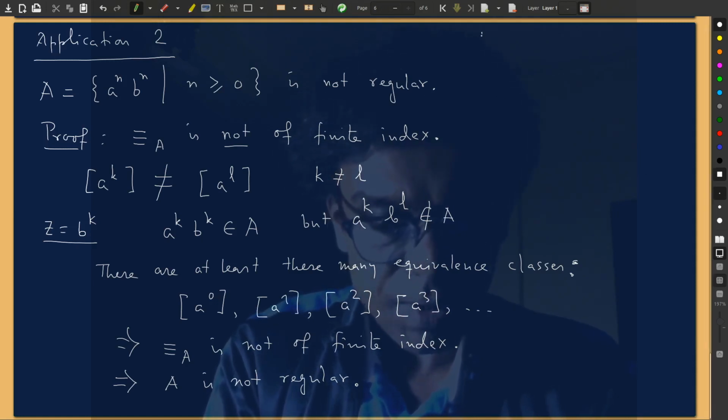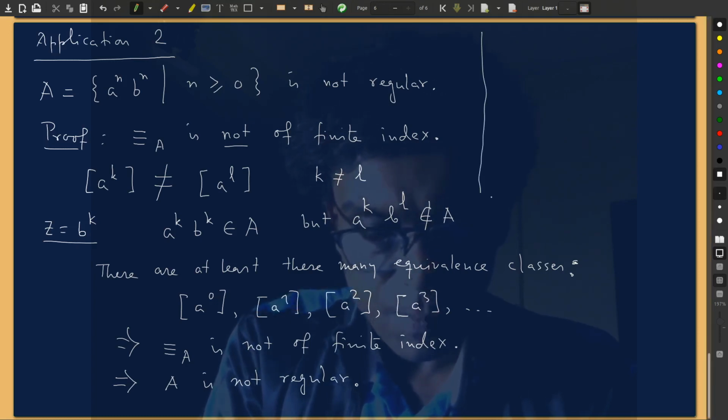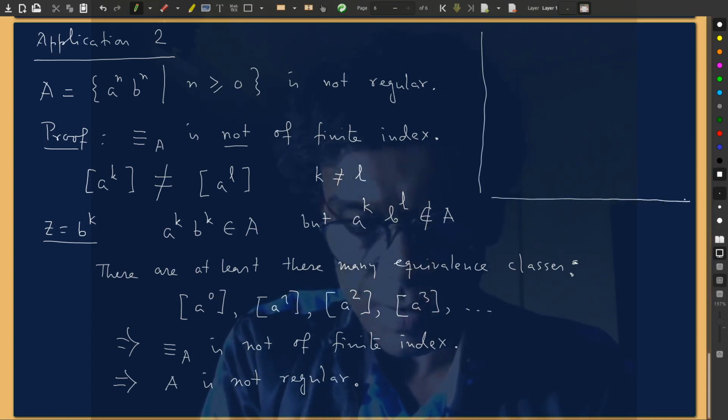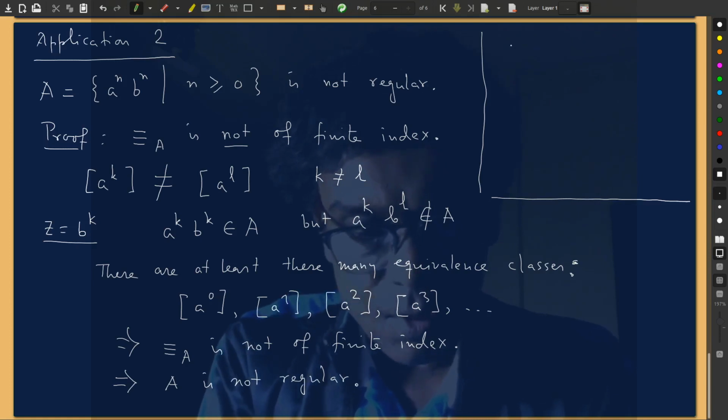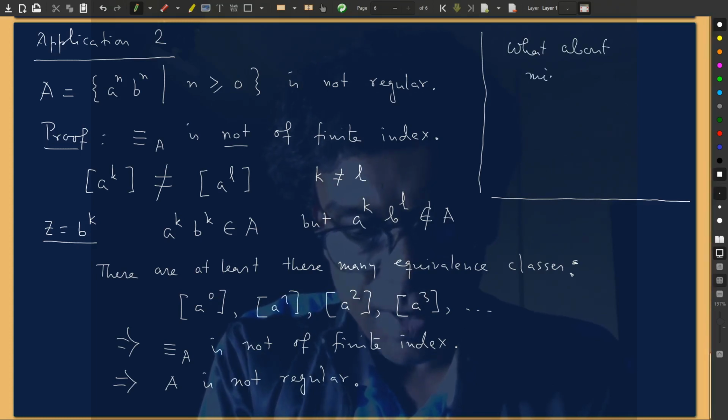One possibility is, so far we have been talking about minimization of DFA. Okay. So what about minimization of NFA?